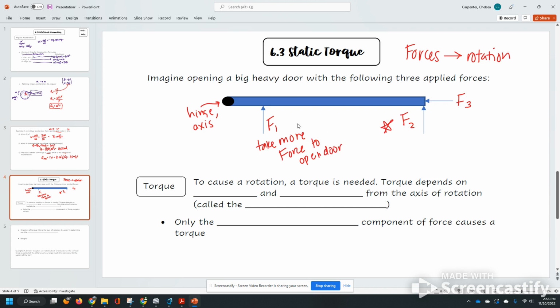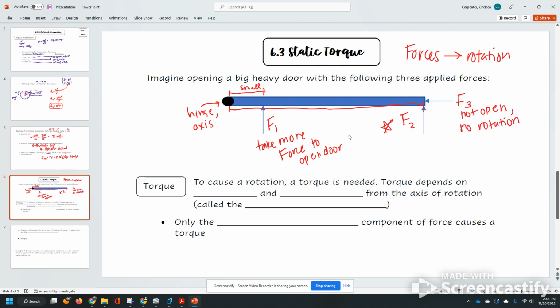And the reason for that is because this distance from the axis is smaller compared to this distance right here. So even if you push on the door with the same force but at different locations, it's going to do something different. And then if you think about someone out here at this force 3 location pushing into the door, they're not going to open the door. As hard as they push here, it's not going to open, so it's not going to cause a rotation.